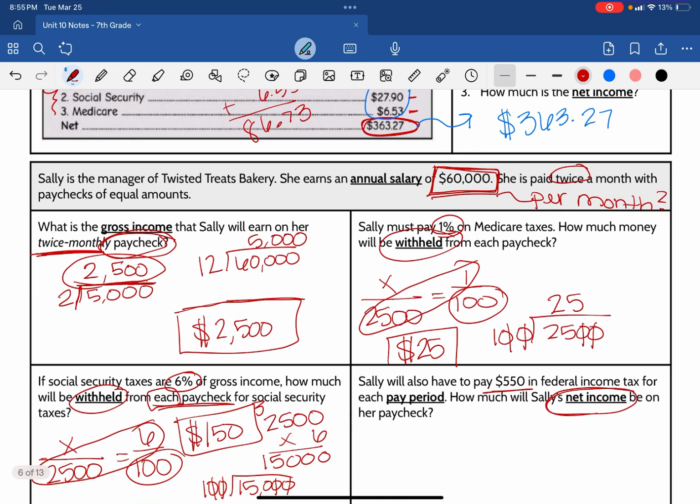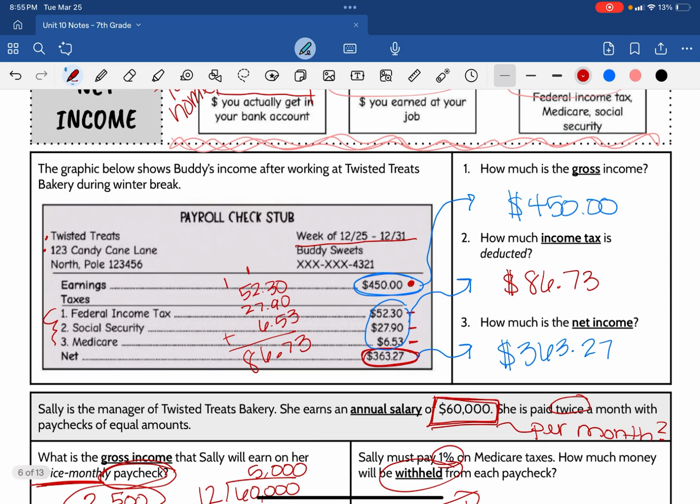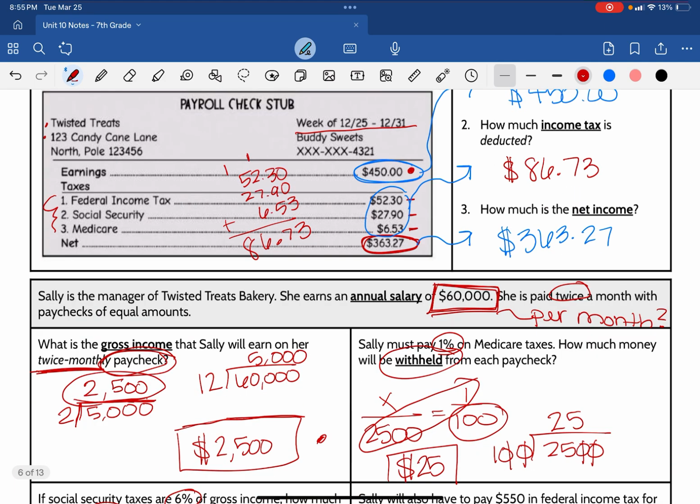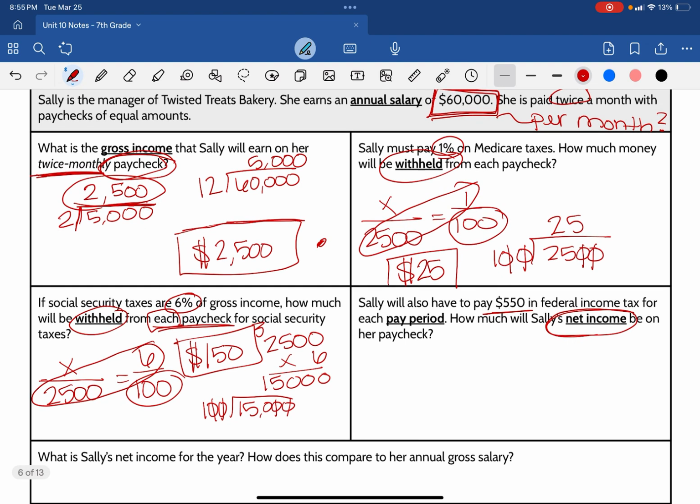Her net income is her gross income minus the income tax. So that's going to be minus 25, 150, and 550. So we need to add these three numbers together. So I have 550 plus 150 plus 25. This is going to give me how much taxes are being pulled out. So 725. They want to know how much her net income will be.